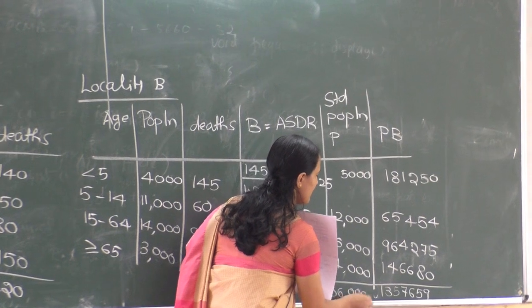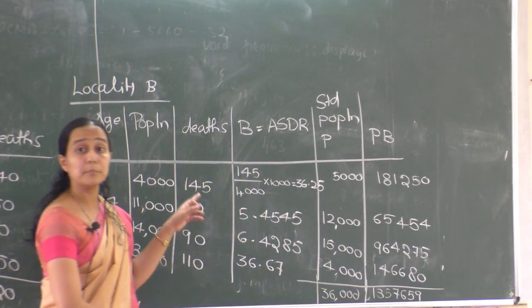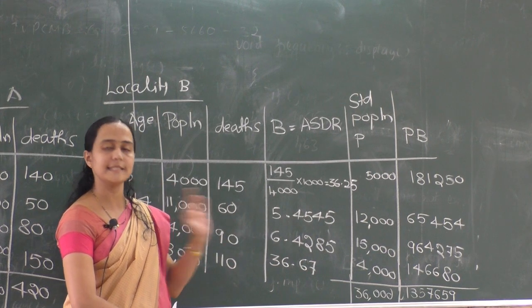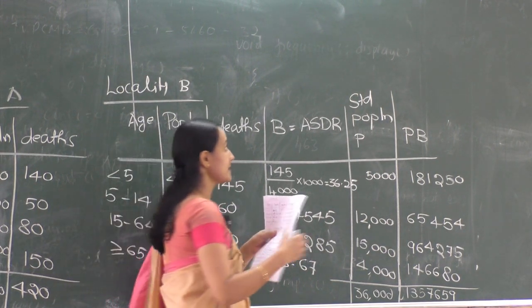See, remember one thing, we computed ASDR here, so we have to write the formula of age specific death rate. ASDR, what is the formula?